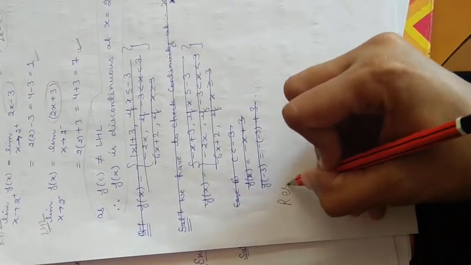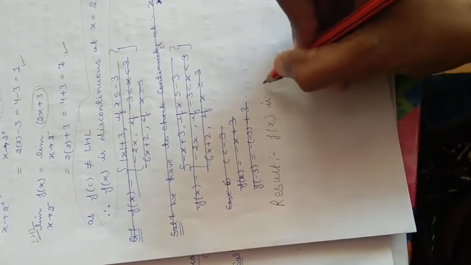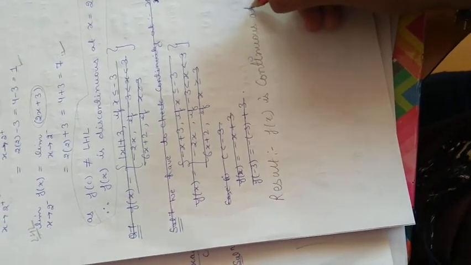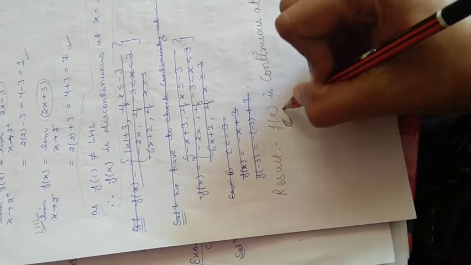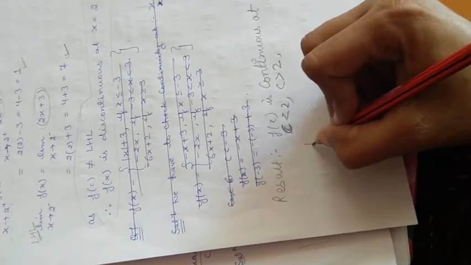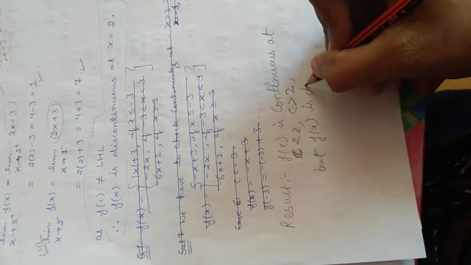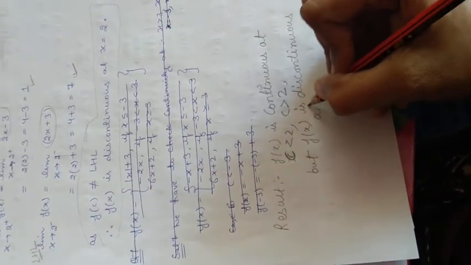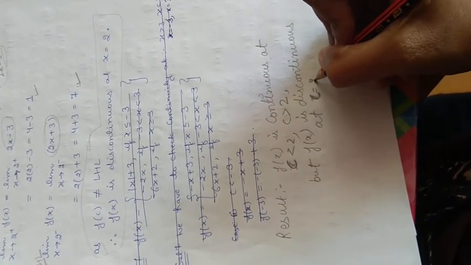I can write down for this question that f(x) is continuous at c less than 2 and at c greater than 2, but f(x) is discontinuous at c is equal to 2.